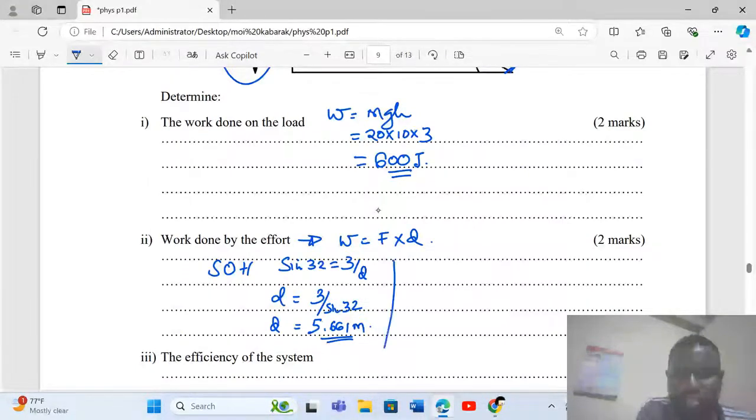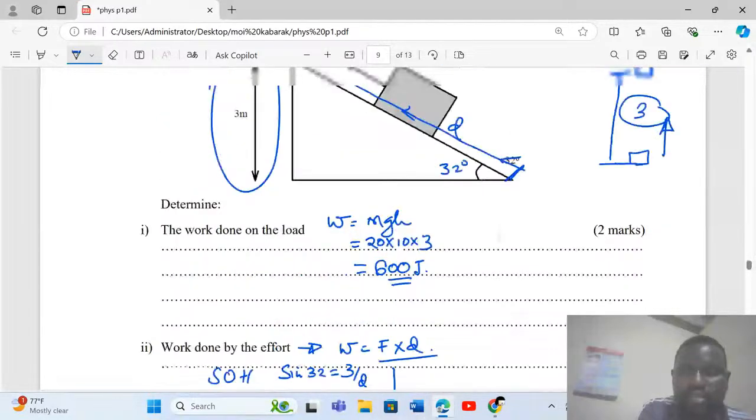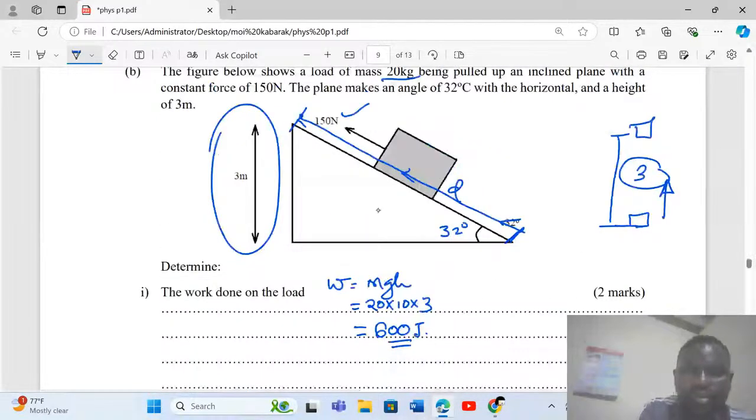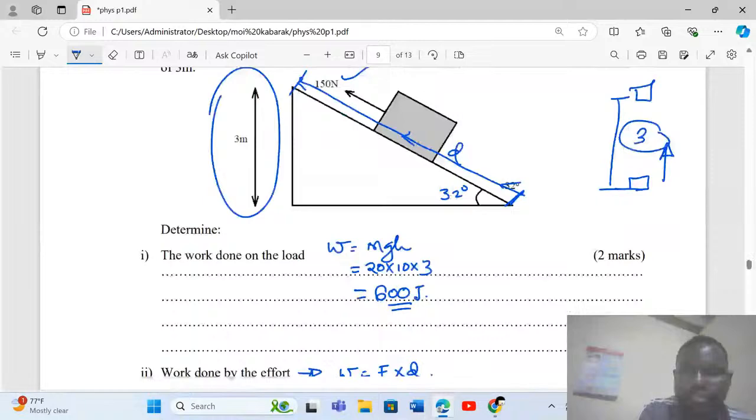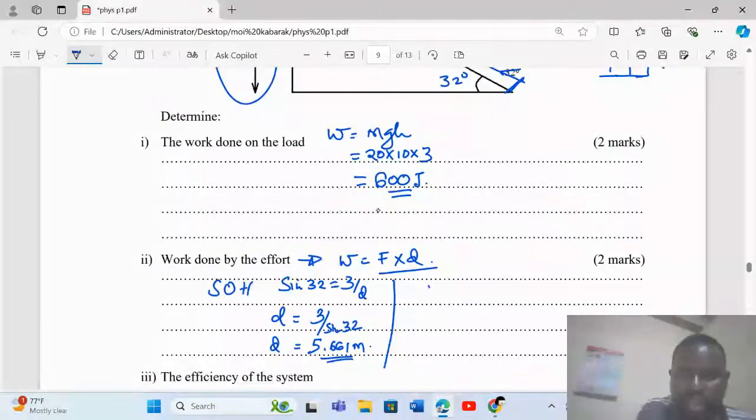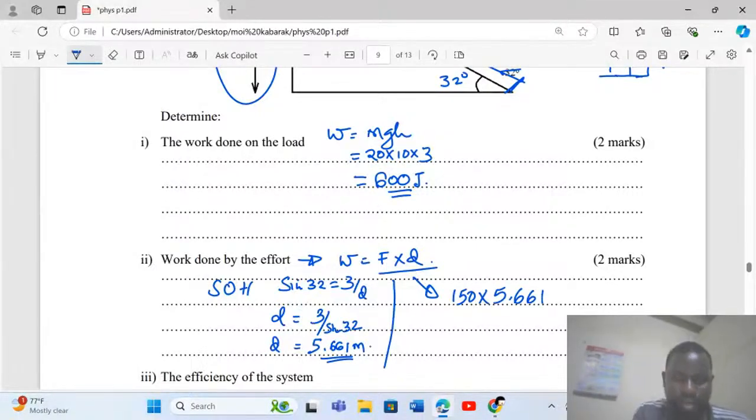Then now we can substitute. The force that has been applied is 150, a force of 150 times a distance of 5.661. And this one is going to lead us to 849.15 joules.